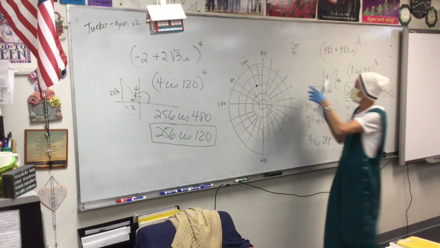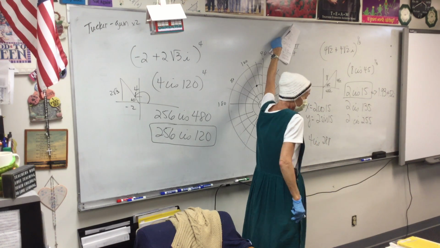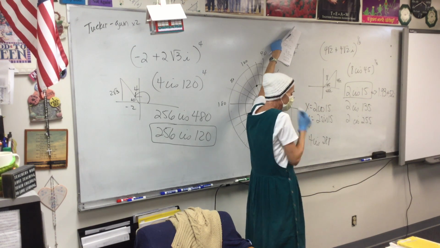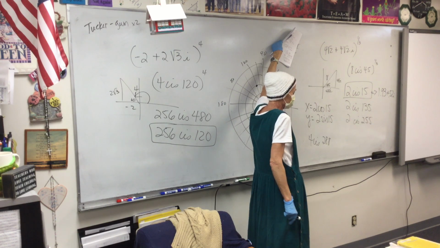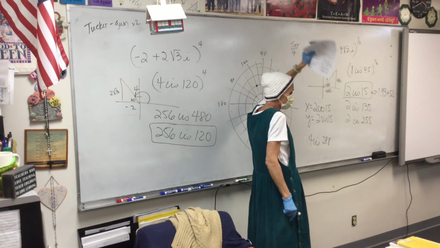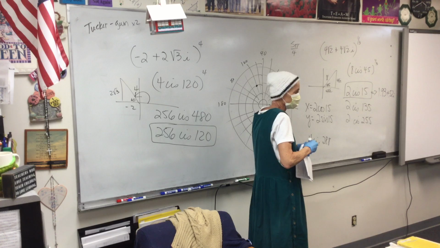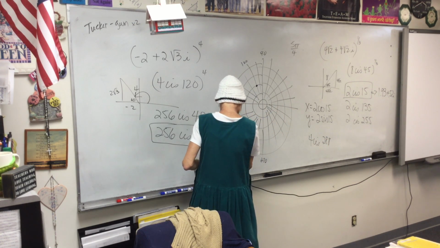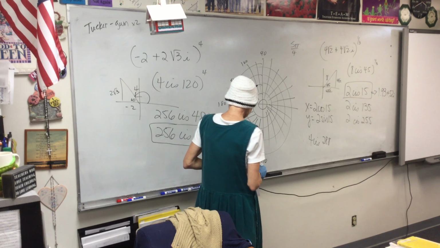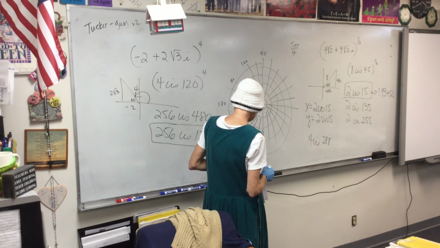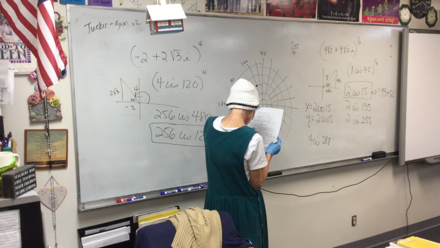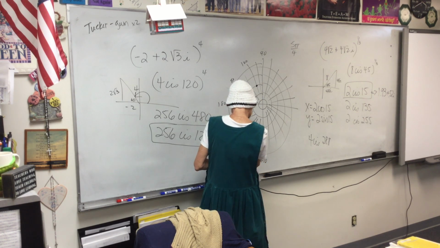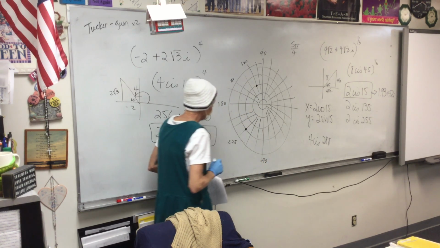Divided by 4. What's 180 divided by 4? 45. Times 5. 225. So here we are at 225. And what was my radius? 4. So there's that one.